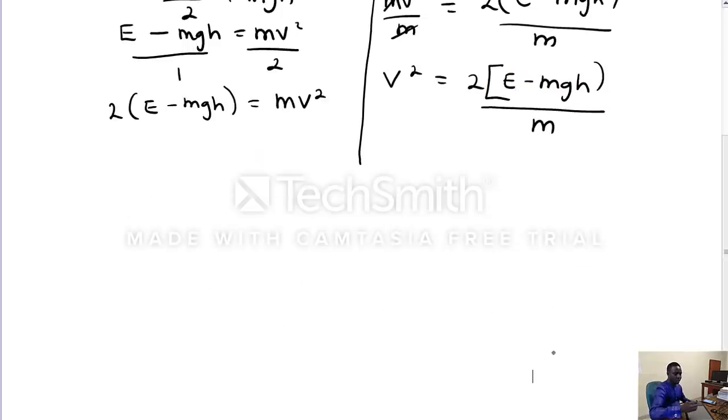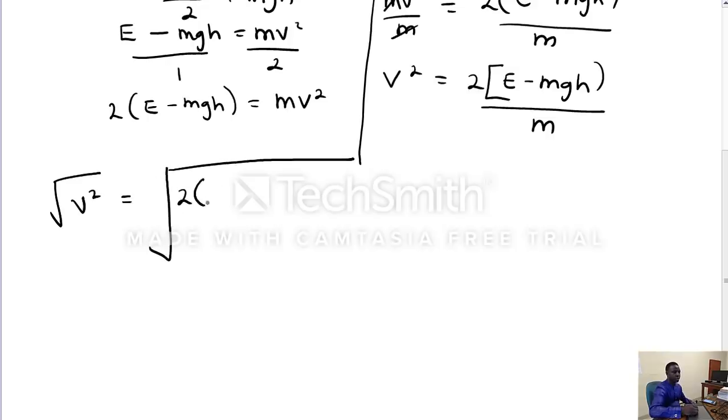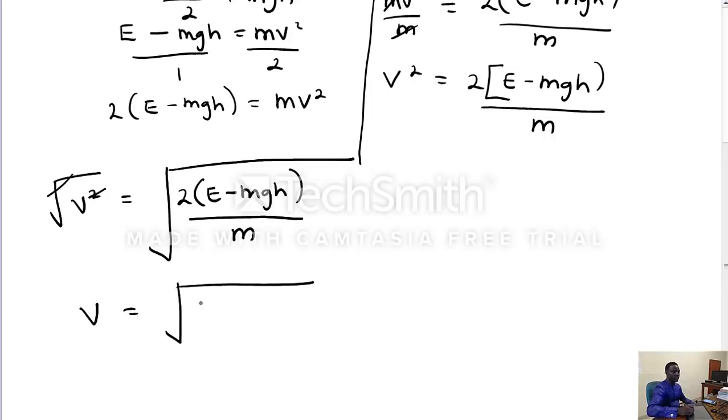Making v the subject of the formula will be, when you find the square root of both sides, you are going to have square root of v squared is equal to square root of 2 into bracket E minus mgh all divided by m, and square will cancel square root, leaving us with v is equal to square root of 2 into bracket E minus mgh all divided by m.